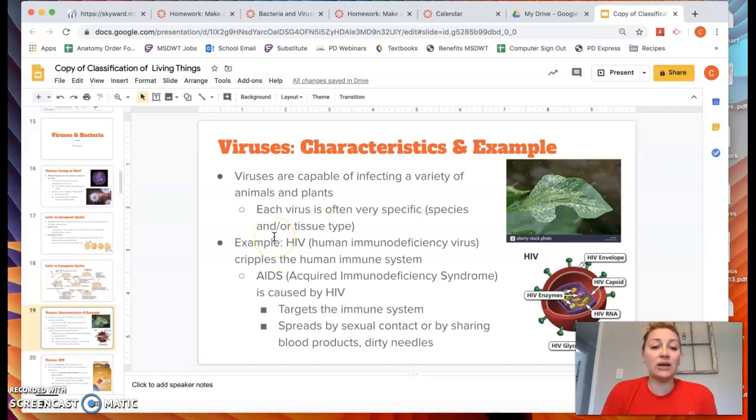So like with HIV, the human immunodeficiency virus, it causes the human's immune system to basically crash. Once it gets advanced enough, then AIDS develops, which is acquired immunodeficiency syndrome.